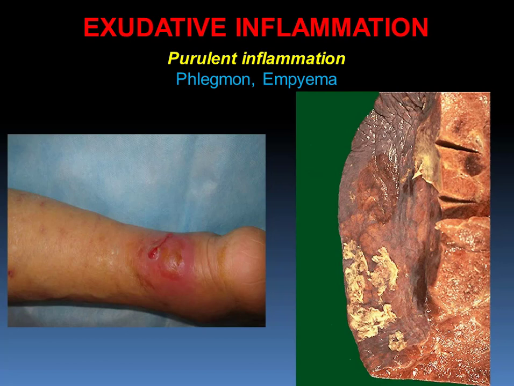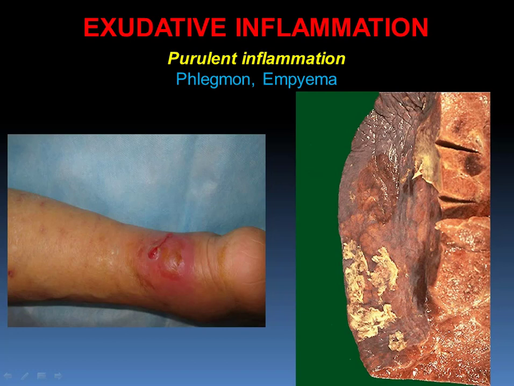That means that in empyema, pus is accumulated not in a newly formed cavity, but in a pre-existing cavity, like pleural cavity, peritoneal cavity, abdominal cavity, the cavity of gallbladder, cavity of urinary bladder, cavity of appendix, and so on. On the photo we can see empyema of pleura, accumulation of pus in the pleural cavity with damage to the pleura and accumulation of pus on the surface.